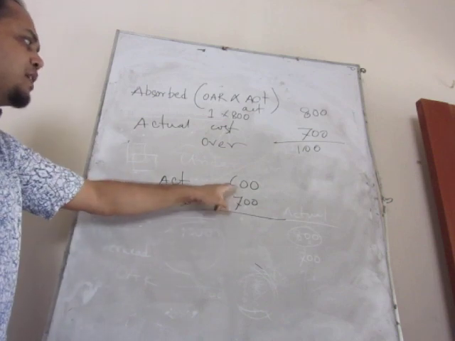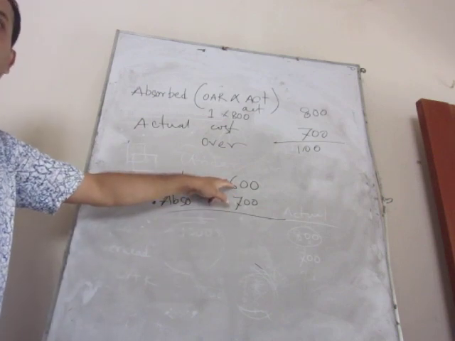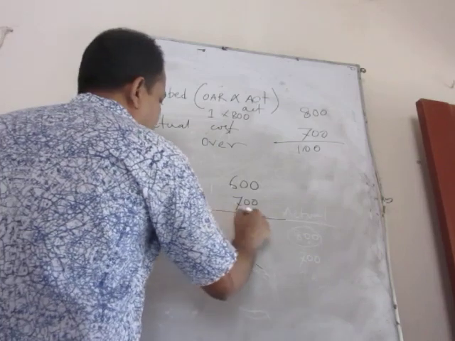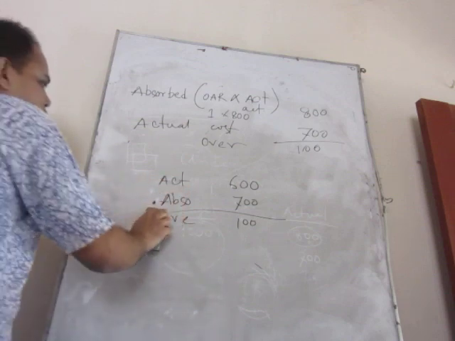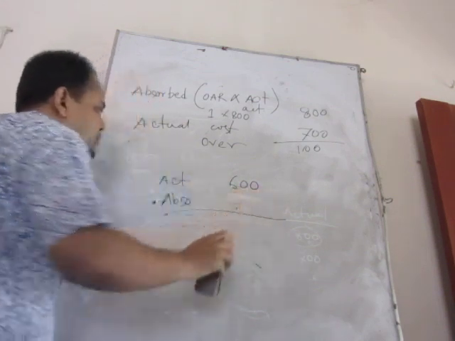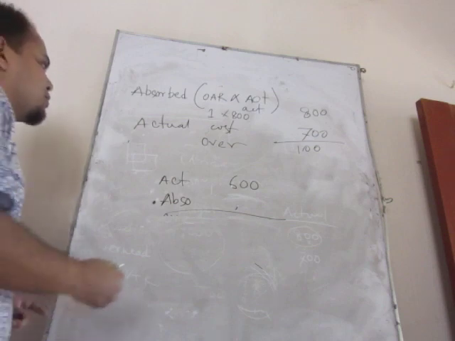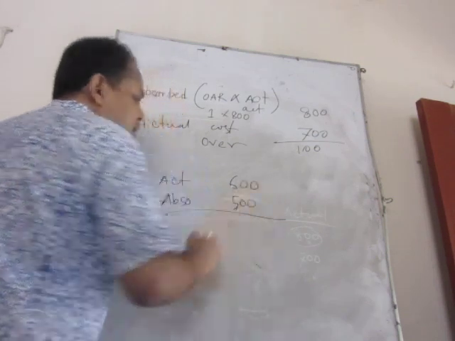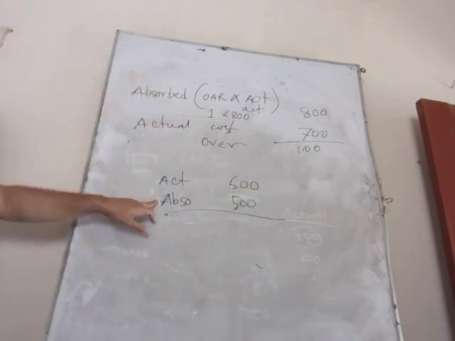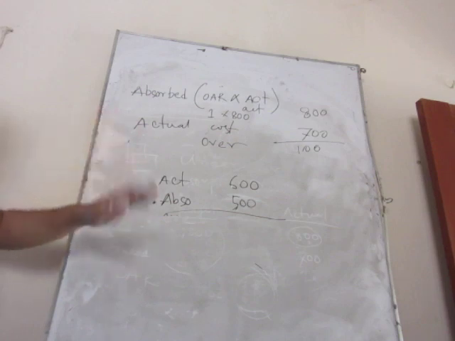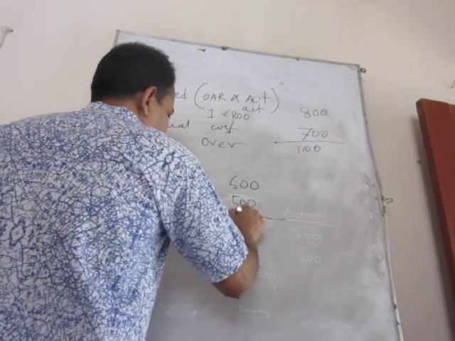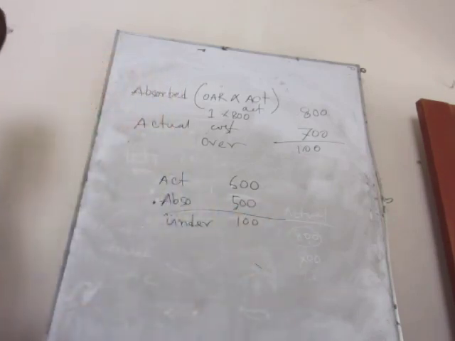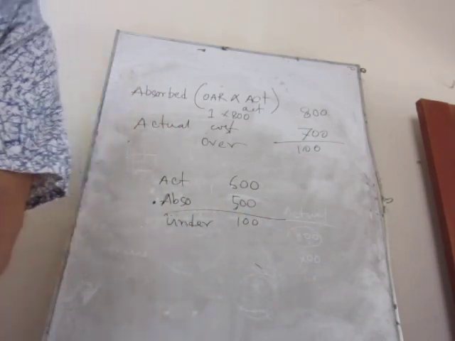Our expectation is 100 more than the actual, that is over absorb 100. Same thing, or if you are provided actual is 600 and absorb is 500, in that case your expectation was 100 under than the actual. Here, this is under or over.